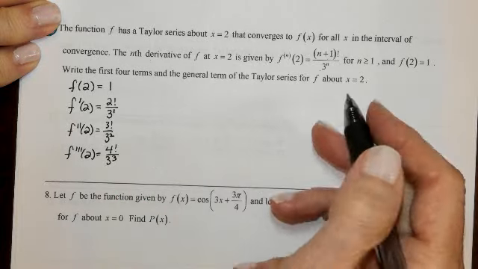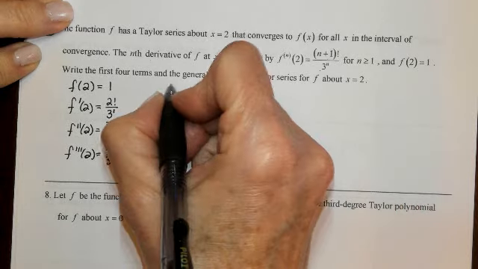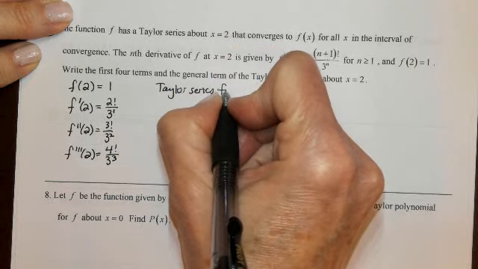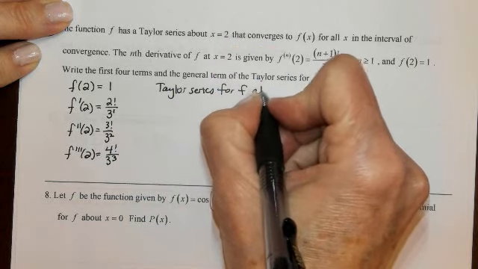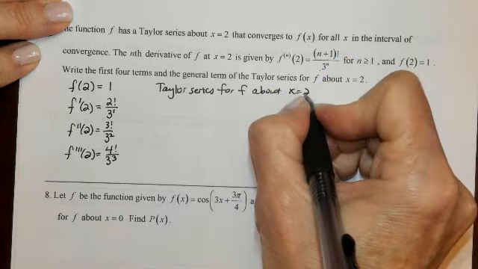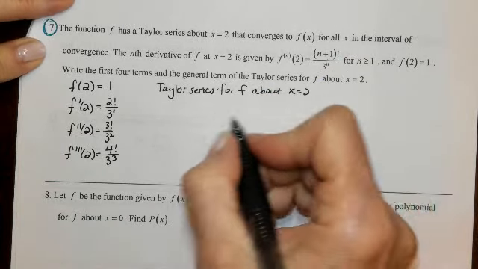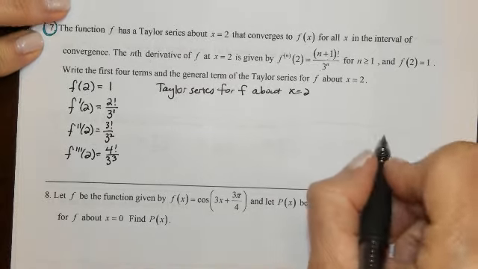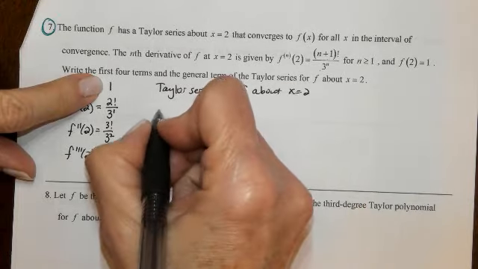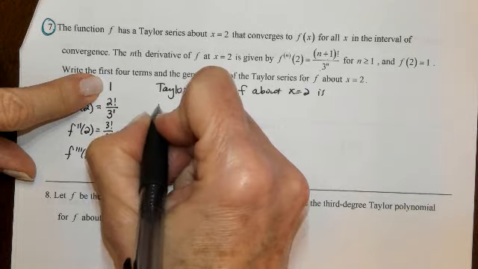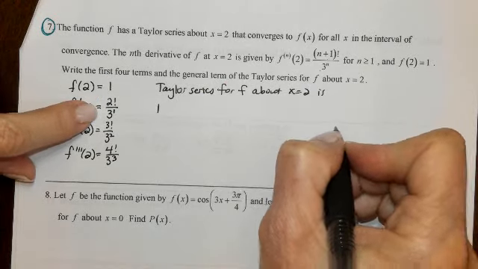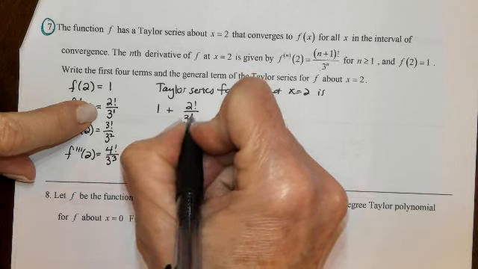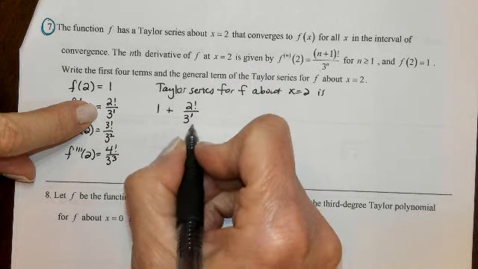So I'm going to go and write the series now. So Taylor series for f about x equals 2. That's my c value, right? So I need to remember to put x minus 2, x minus 2, x minus 2, not just x, right? Okay, first term is 1. Second term, we'll have this derivative, and then we would divide that derivative by 1 factorial.